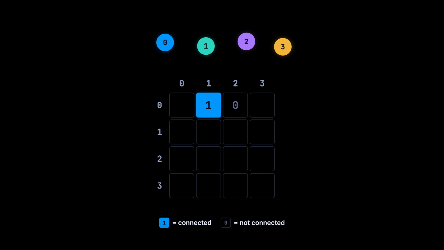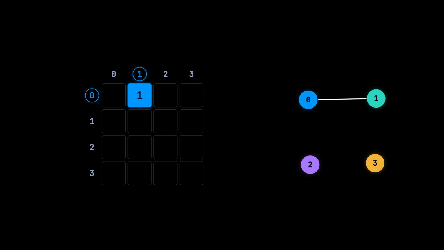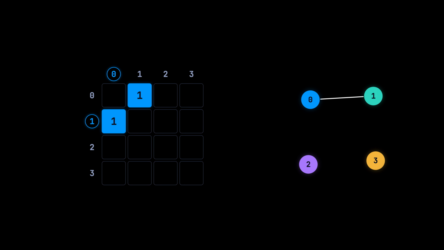Let me make it real. Say friend 0 is connected to friend 1. So we go to row 0, move across to column 1, and we write a 1 there. And because this is an undirected graph, friend 1 is also connected to friend 0. So we go to row 1, column 0, and put a 1 there as well. 1 connection, 2 boxes. Next, friend 0 is also connected to friend 2.